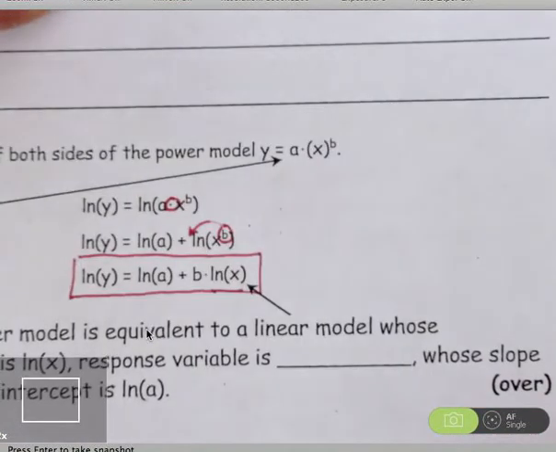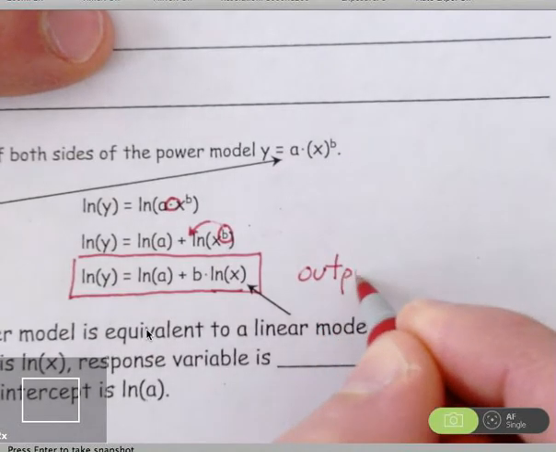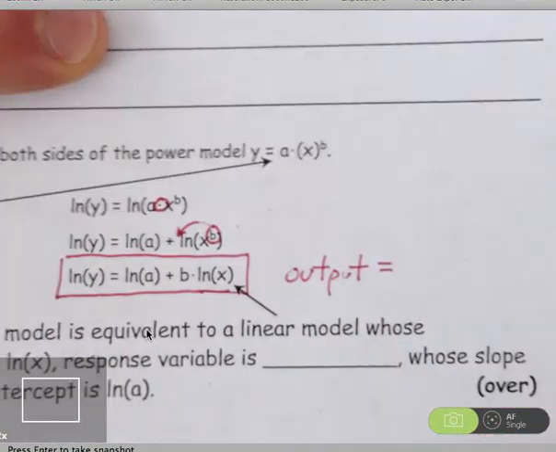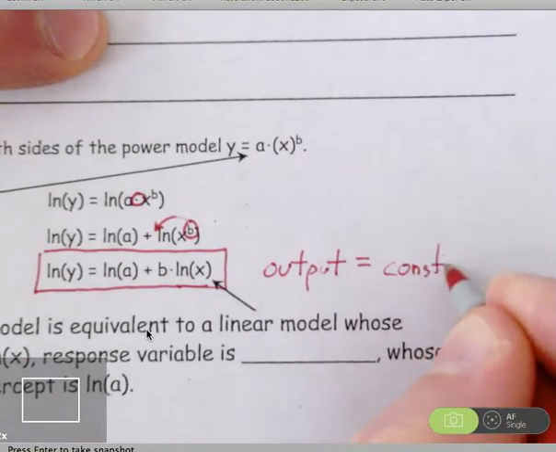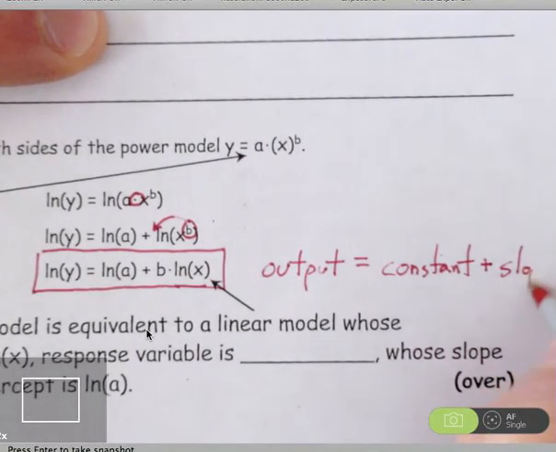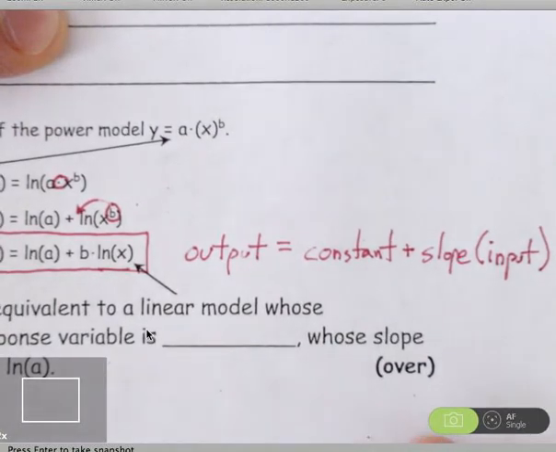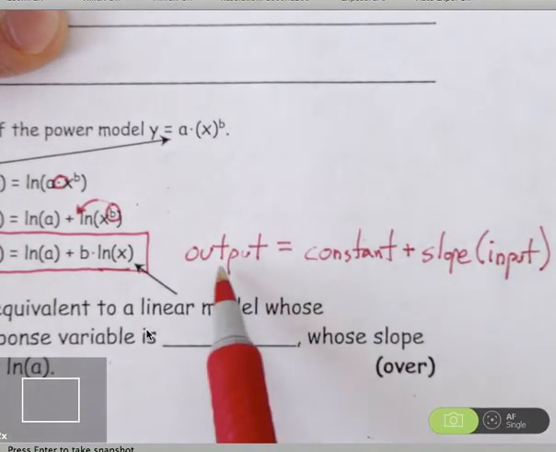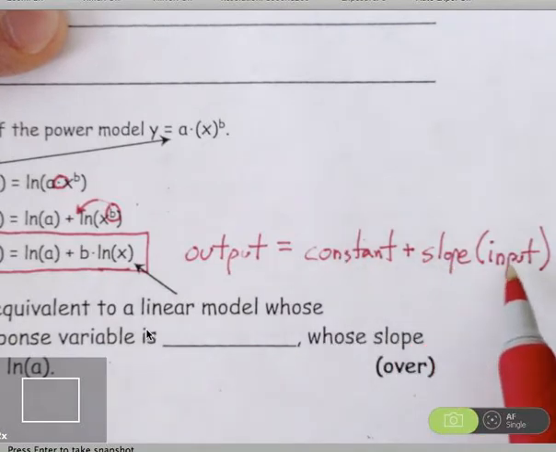So remember, a linear model looks like this. We have an output, and that should equal a constant plus a slope times an input. That's what a linear model is. Most simply put, you have an output, and that output should equal a constant plus a slope times an input.